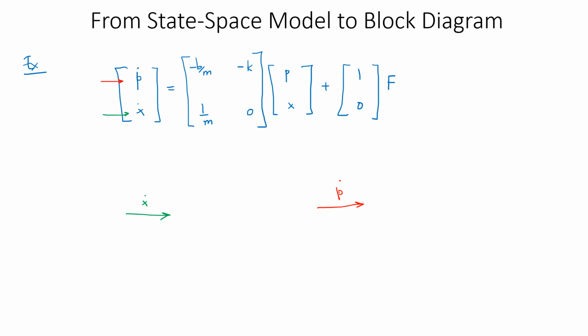Now what I'm going to do, I'm going to have this P dot further explored. So this P dot is, when integrated, this is going to give me the momentum term P, and similarly, when x dot is integrated, this is going to give me the displacement.